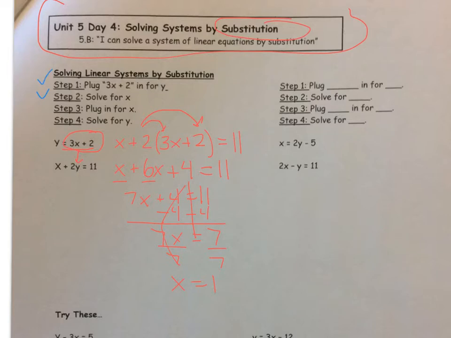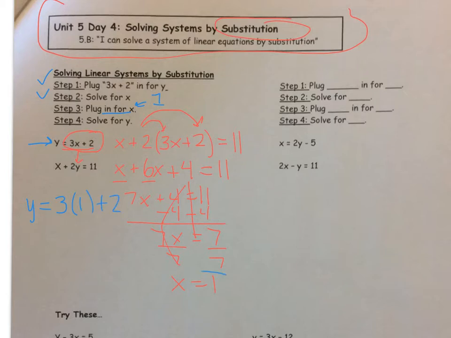Okay, plug in for x. So we're going to plug 1 in for x. Okay, let's put it into this equation since y is by itself. So y equals 3 times 1 plus 2.